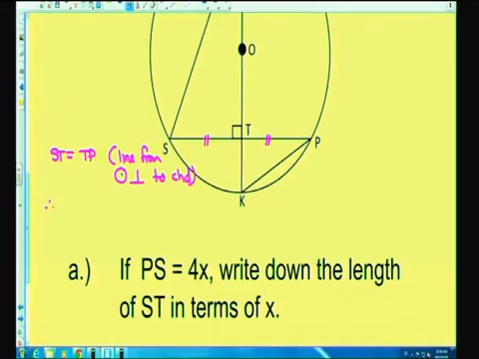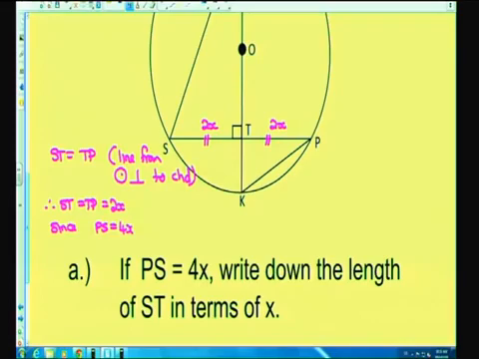And therefore ST equals TP equals 2x, since PS is 4x. So it's 2x and 2x.